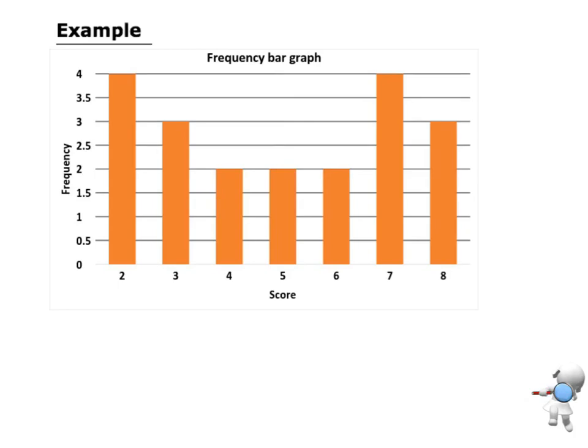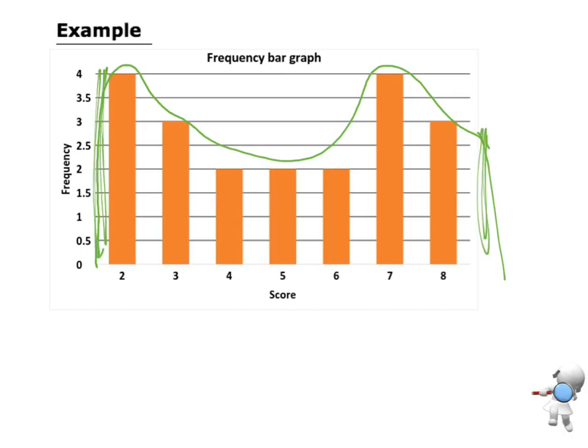So if we have a look at our example for our scores here, the first thing I'm going to do is draw that shape over the top. So grab your pen, draw the shape, a rough sketch over the top. Now there's 2 things that I notice. One thing I notice is that the sides are quite straight.